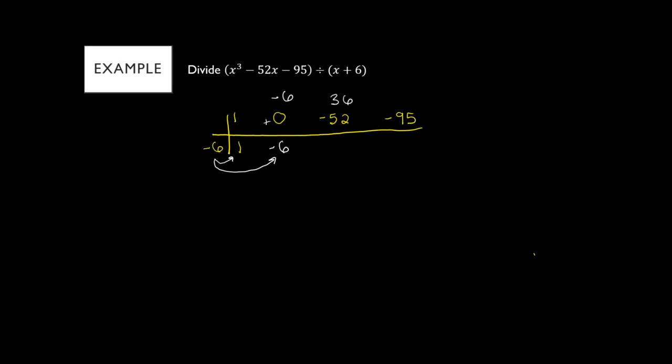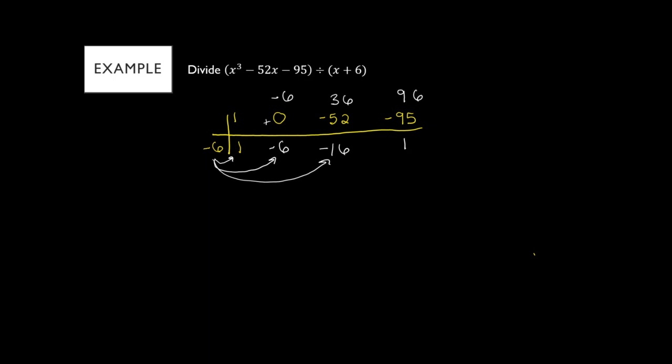That gives me a positive 36. 36 minus 52 gives me negative 16. And then negative 6 times negative 16 is 96. Then 96 minus 95 is 1.